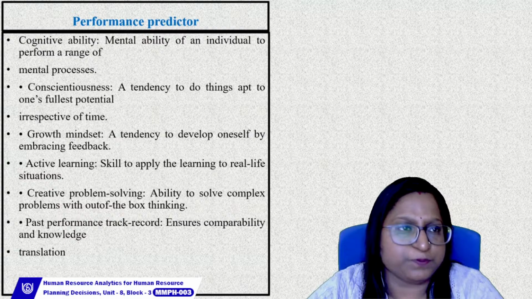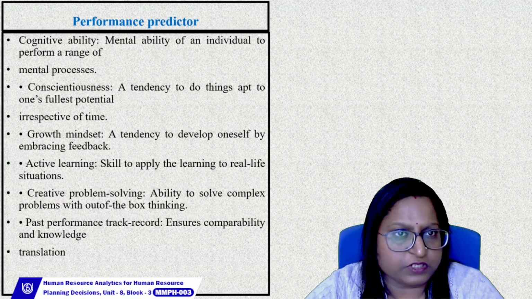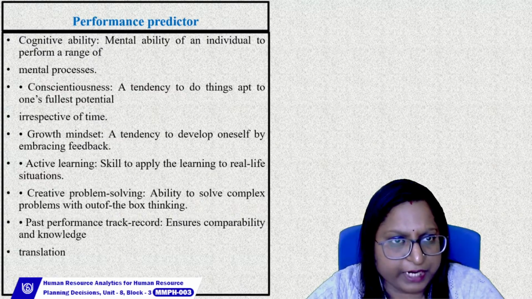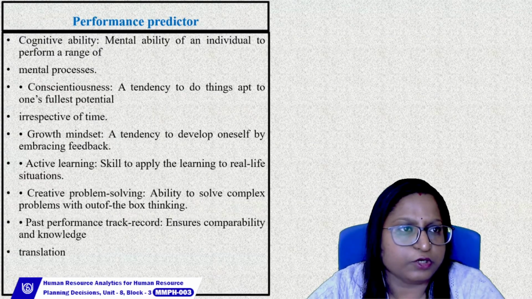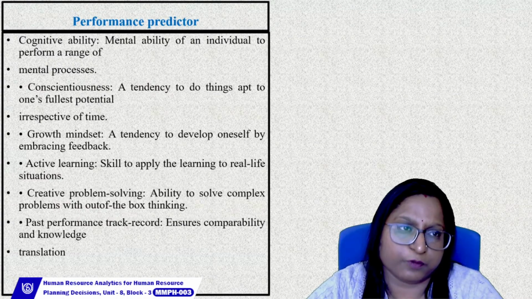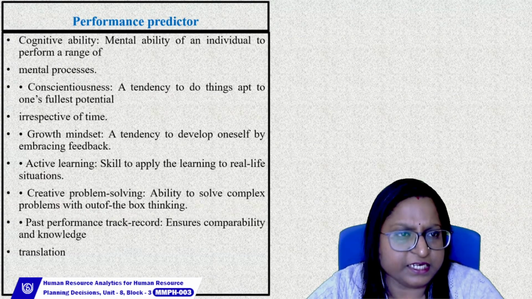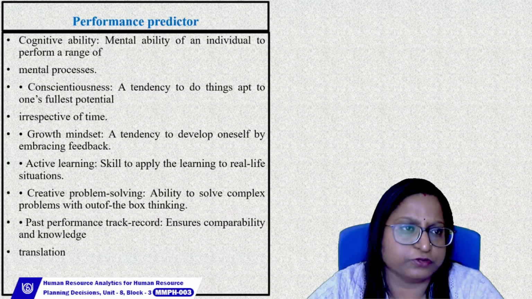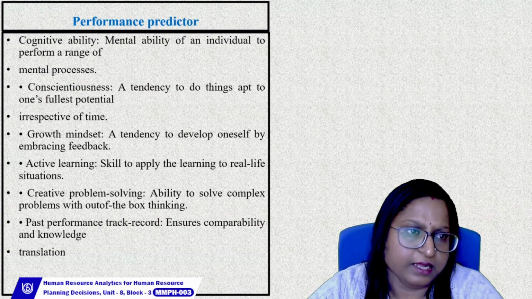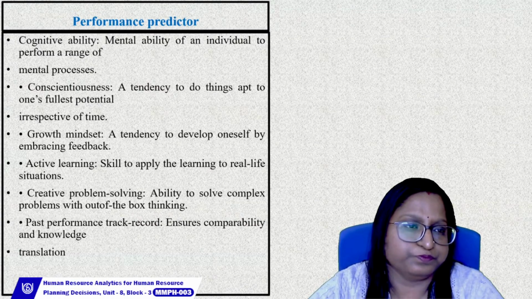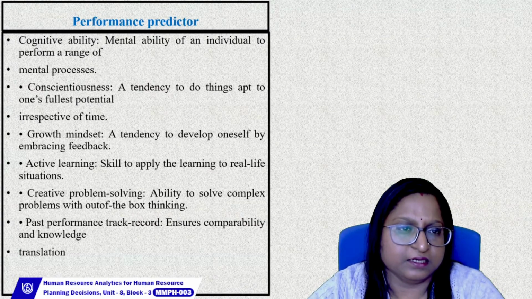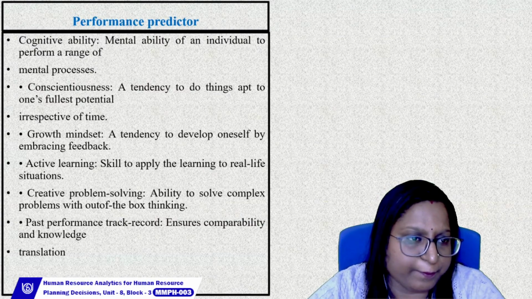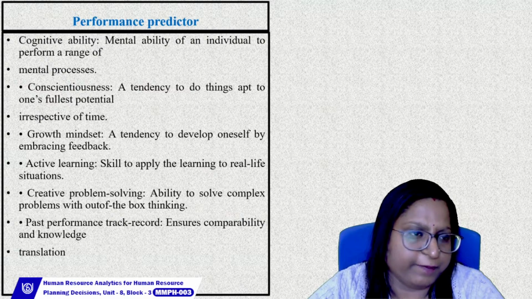Now, performance predictors. First one is cognitive ability, the mental ability of an individual to perform a range of mental processes. Conscientiousness, a tendency to do things to the fullest potential irrespective of time. Growth mindset, a tendency to develop oneself by embracing feedback.